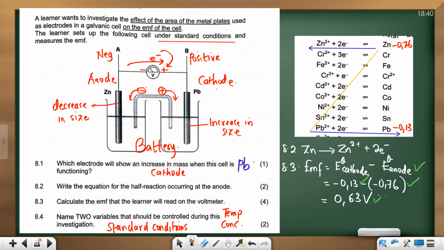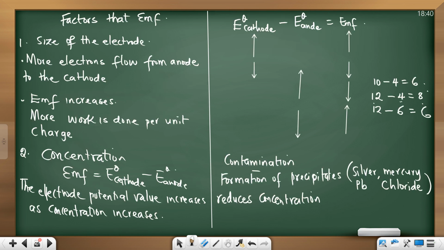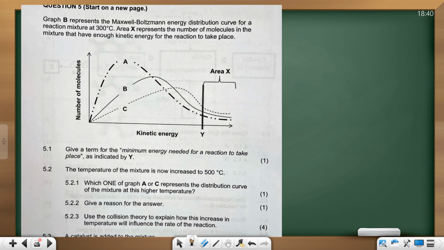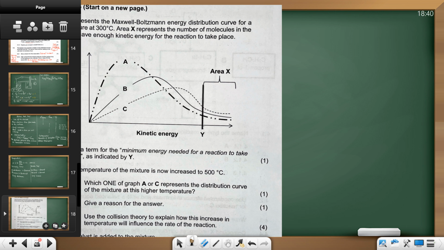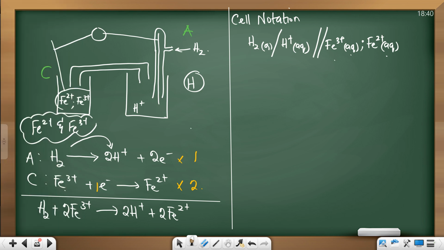Now, do you notice here I do have a mixture of ions? That's why this electrode, I purposely did not write the electrodes. Okay, this one should have been here. This is platinum. Why platinum?